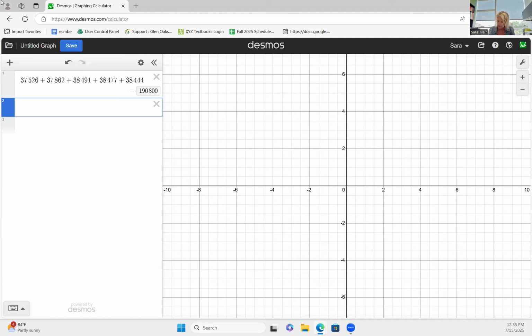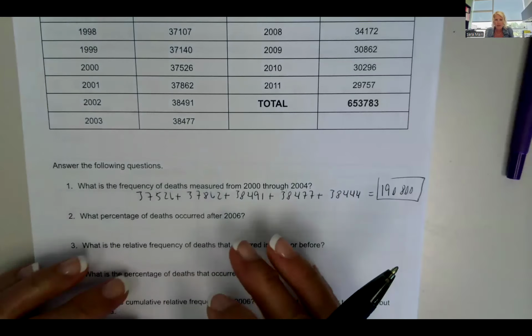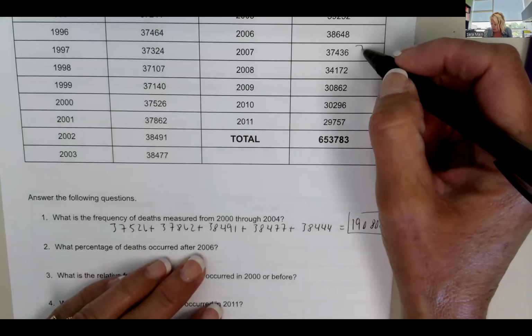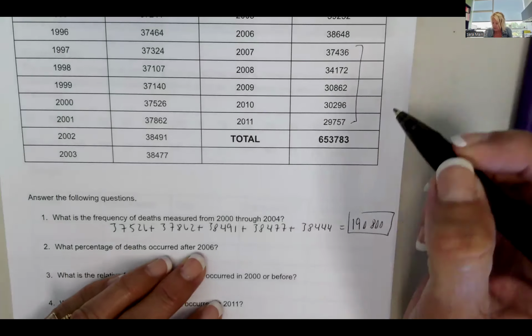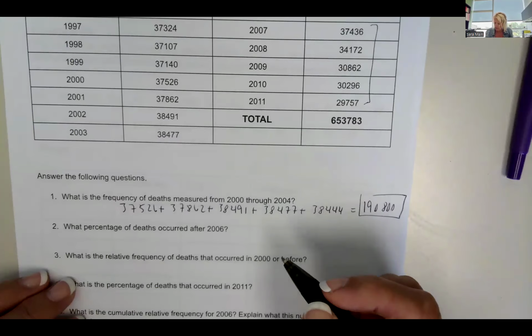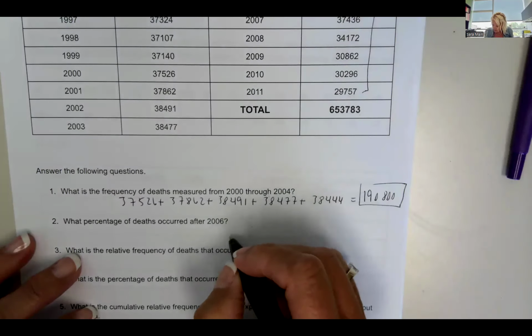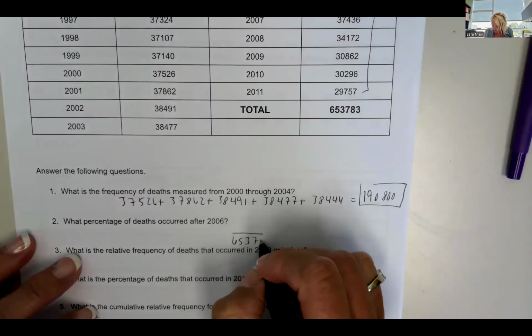Okay. Number 2 says, what percentage of deaths occurred after 2006? So after 2006, that means we're not including 2006, we're including all of these. And a percentage is this group out of the total. So that's going to be out of 653,783.